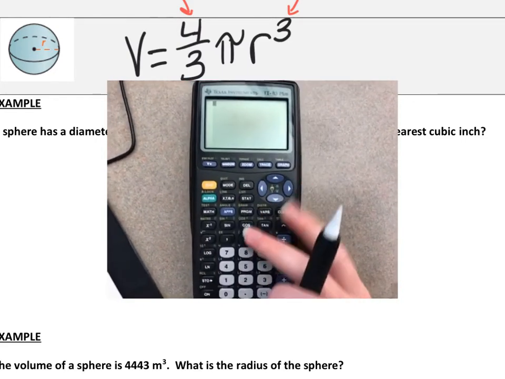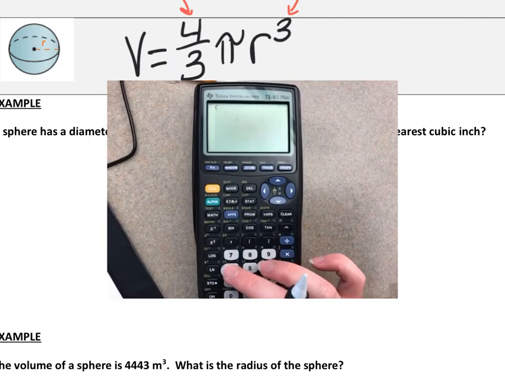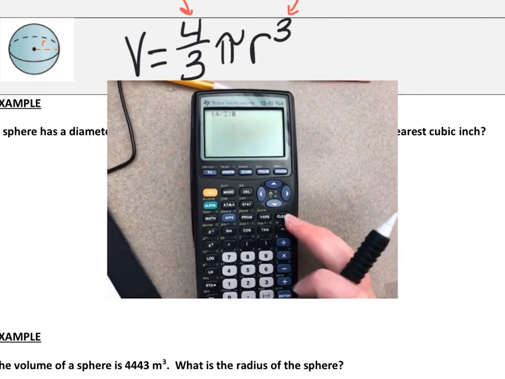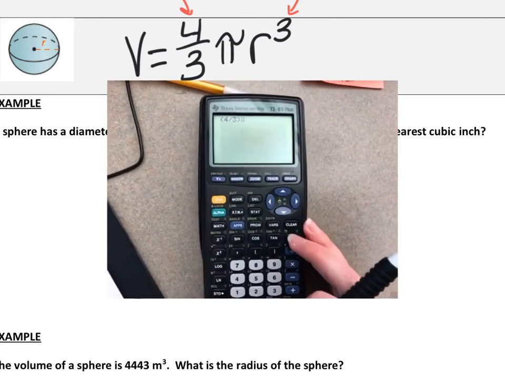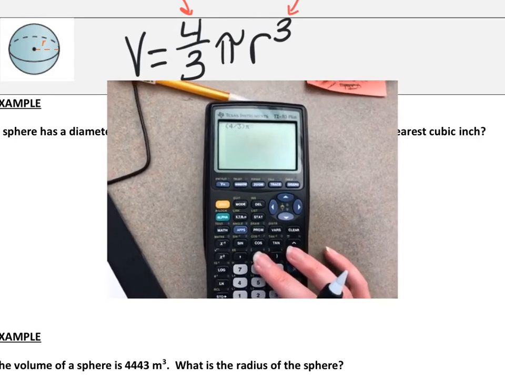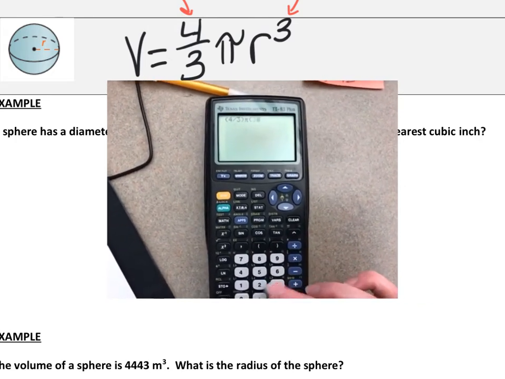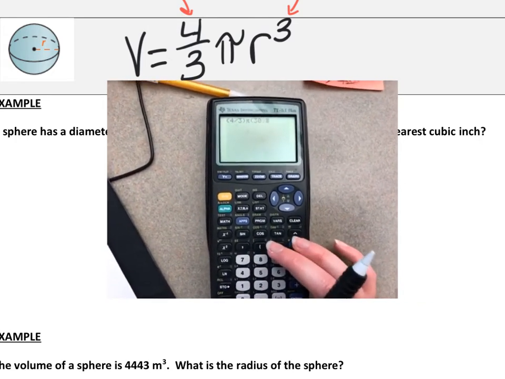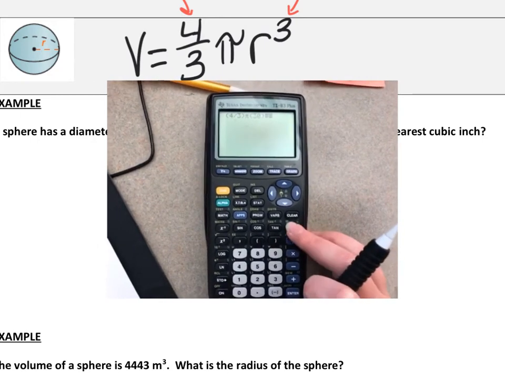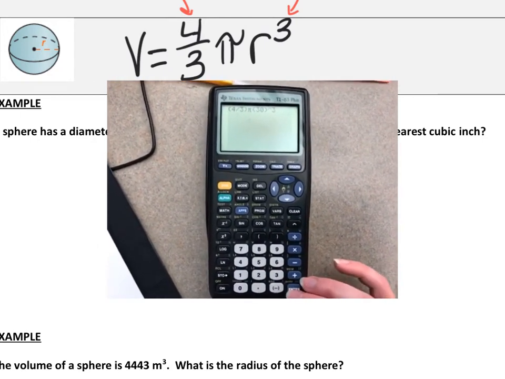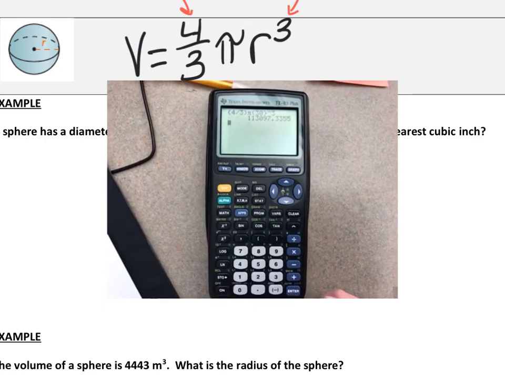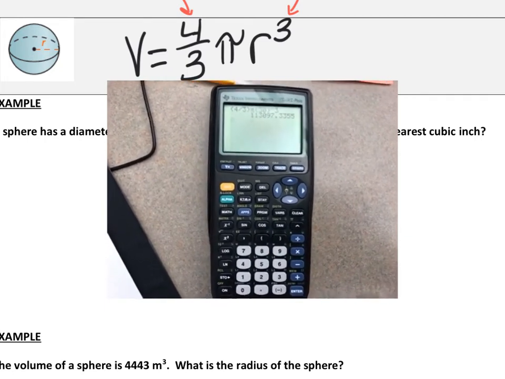When we want to type this in, we'll have parentheses 4/3, then our pi button, so second caret, and then 30 cubed. So we can put our 30 in parentheses. And then to get the cubed, if you just hit the caret button and then 3, that'll give you 30 cubed. And so when we do that, we get this huge number.